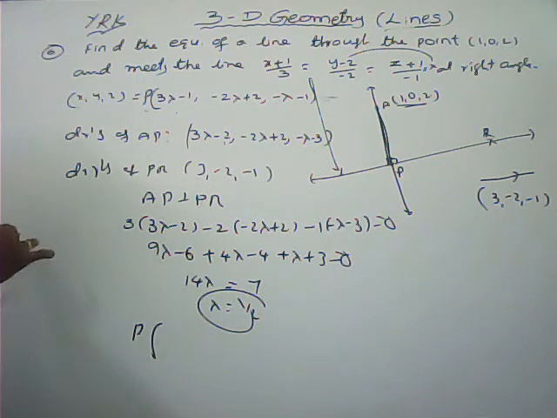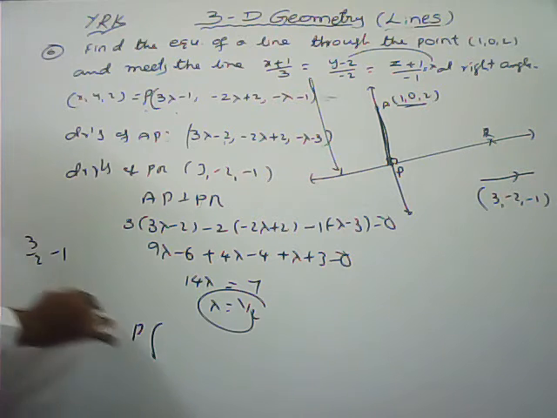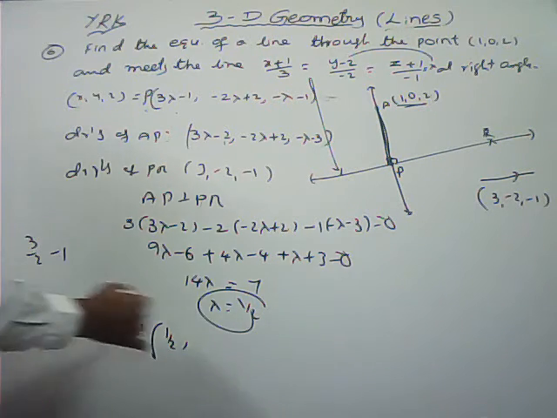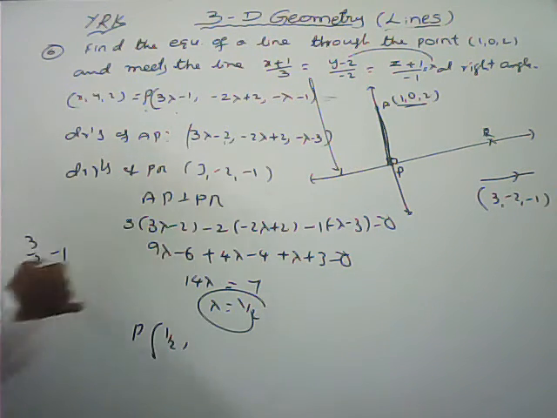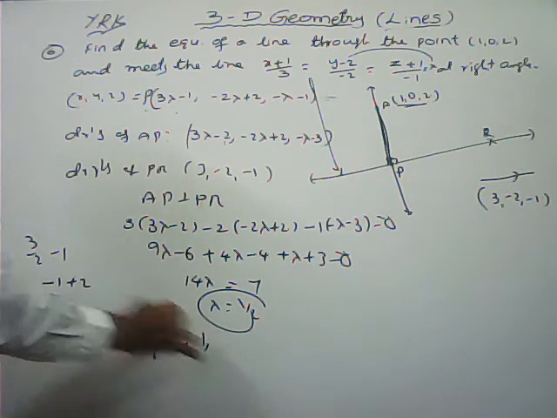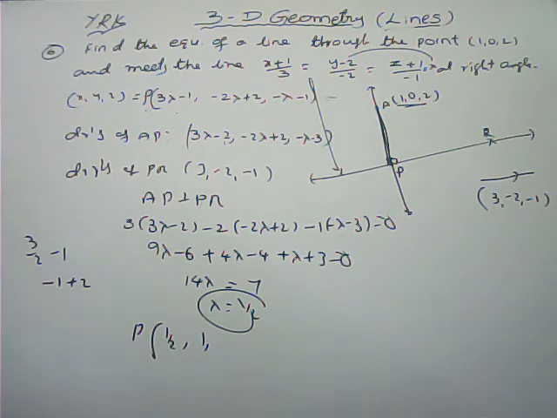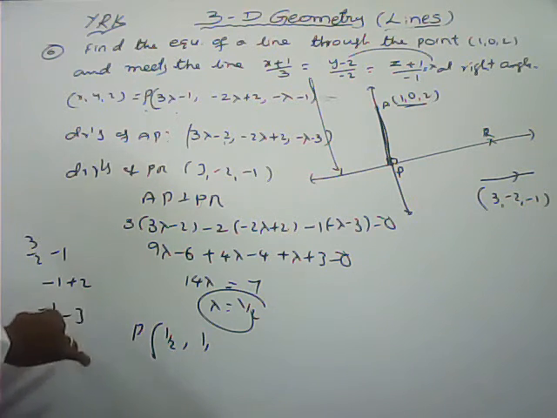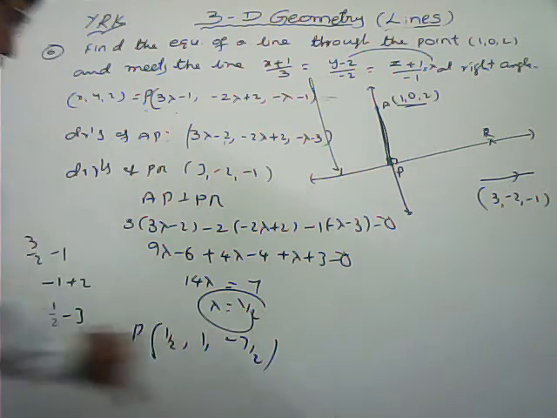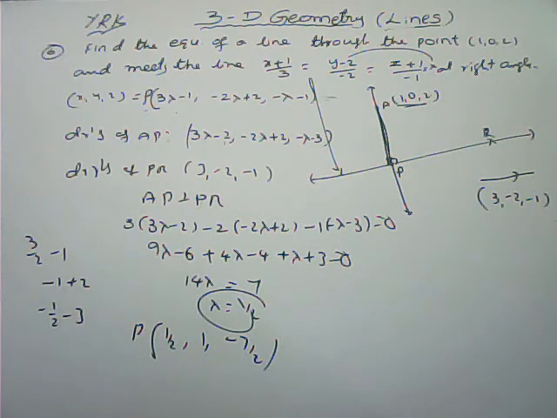Coordinates of P: 3 by 2 minus 1, that is 1 by 2. Next, if I put 1 by 2 here, minus 1 plus 2, that is equal to 1. And minus lambda minus 1 by 2, minus 3, that is minus 7 by 2.